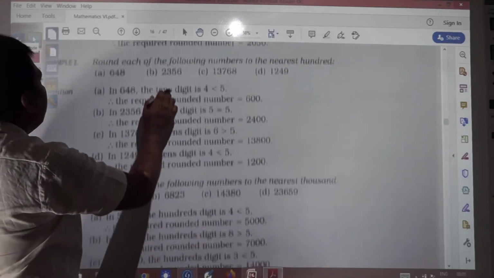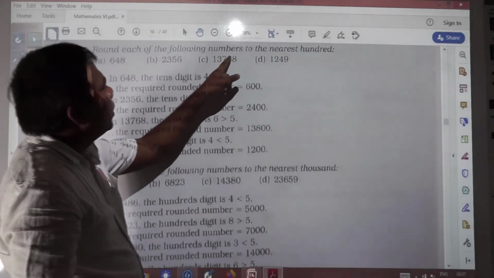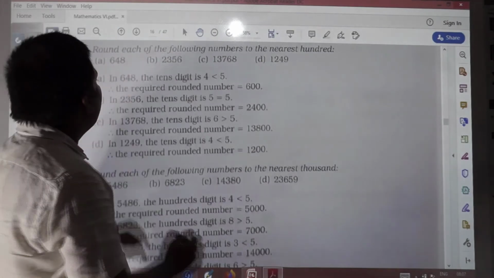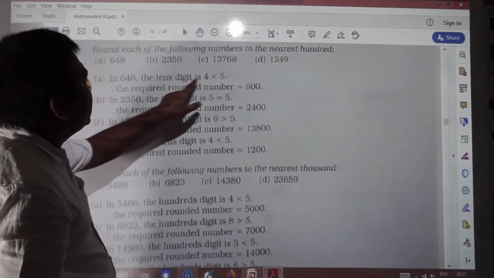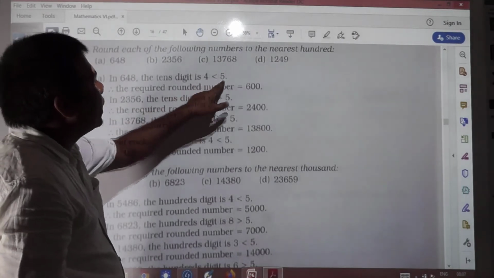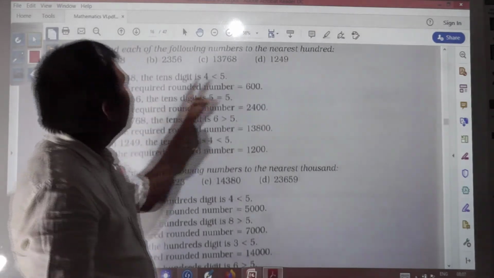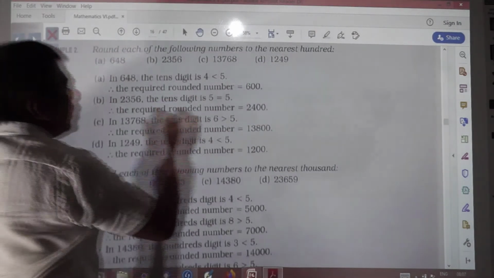Second example you see, round each of the following numbers to the nearest 100. Here you see 648 you have. In 648, the tens digit is 4 and that is lesser than 5. So when you are rounding off to the nearest 100, you need to see the tens digit.